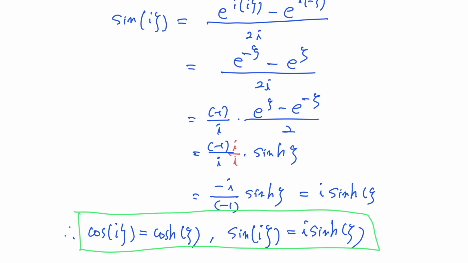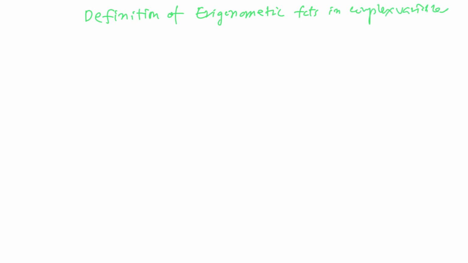So now we are ready to define cosine z. The definition of complex trigonometric cosine z, which is cosine x plus iy, right?